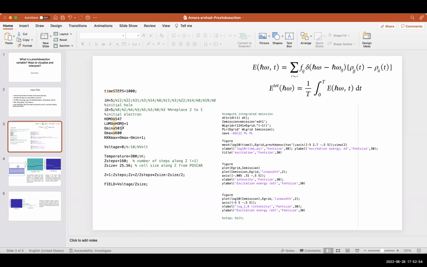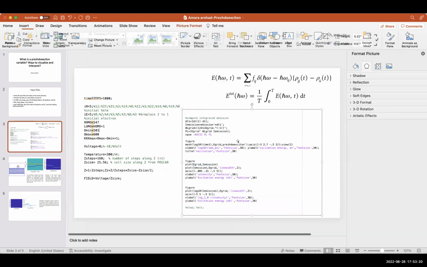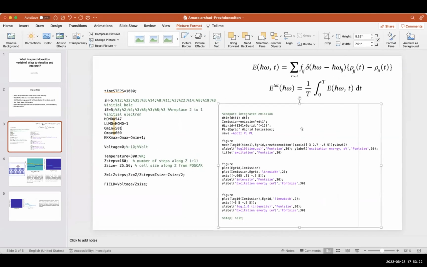So these are some parameters that we need to change: time step, min, and Omax, and the HOMO, and then the Z step that we can see from the band out file, and the Z size from the postcard file. So these are the input parameters that we need to change, and this is the code that can be used to calculate the time integrated emission.